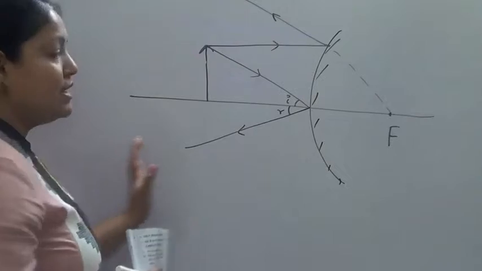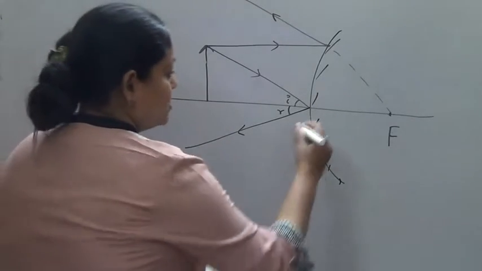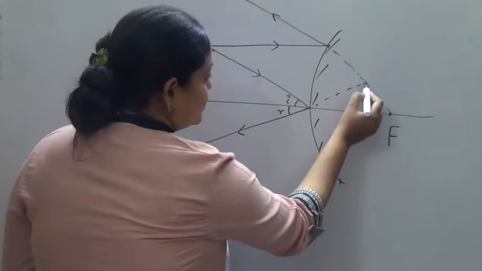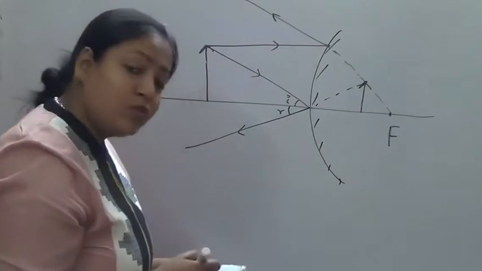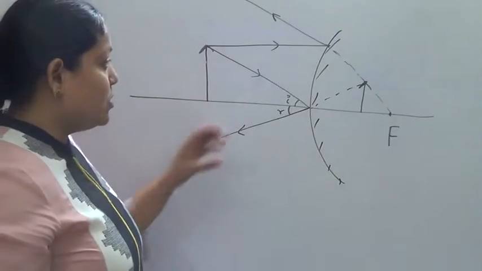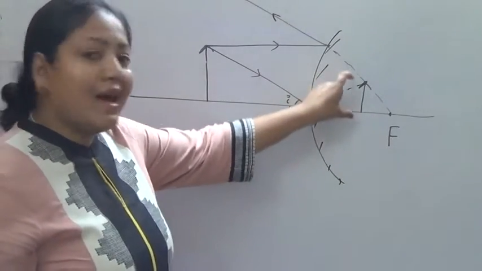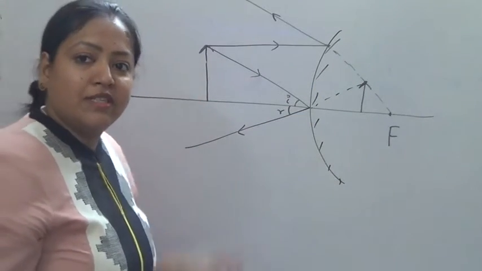So we are extending them backwards. When we extend them backwards, at this point they are meeting, and here the image will be formed. And that's what the question required: that you find the image size to be erect and diminished compared to the size of the actual object.